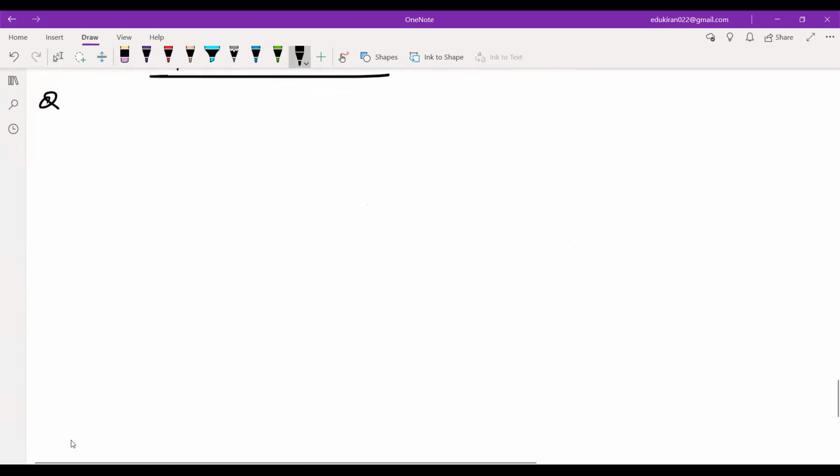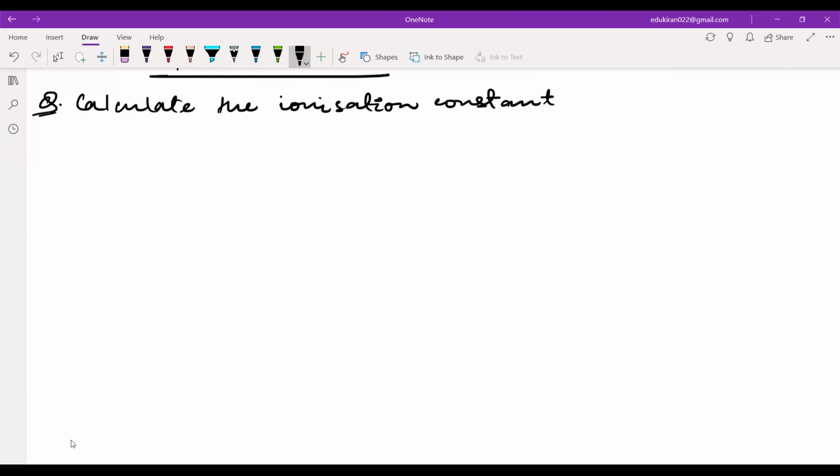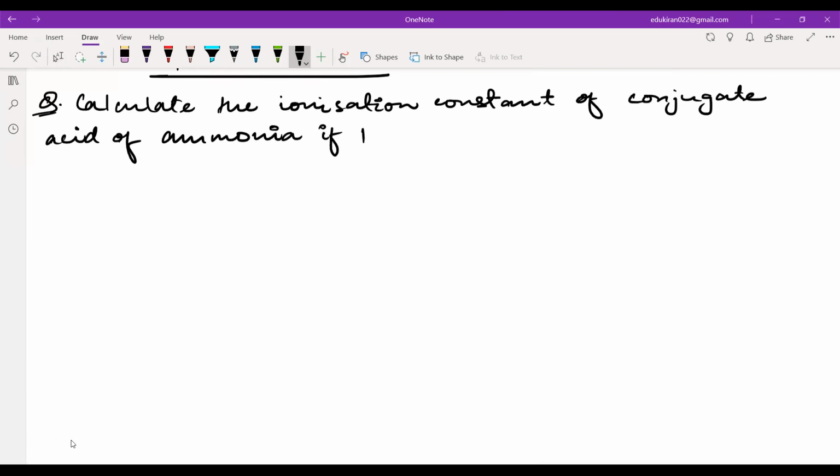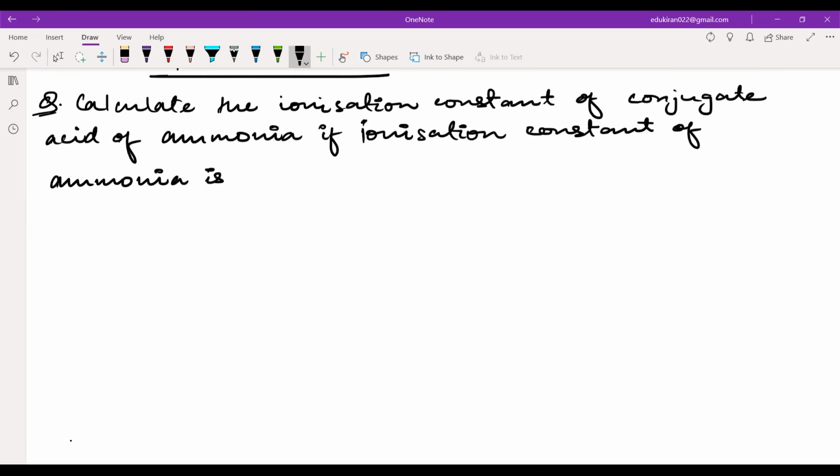Write a question. Calculate the ionization constant of conjugate acid of ammonia if the ionization constant of ammonia is 1.77 into 10 to the power minus 5.